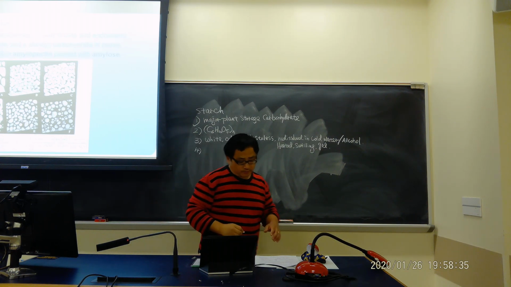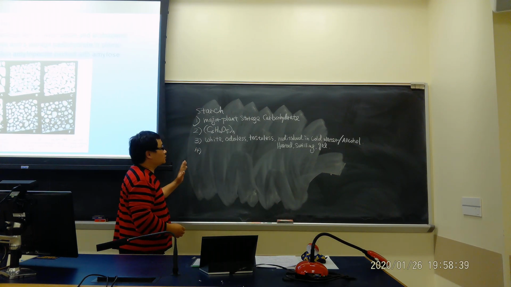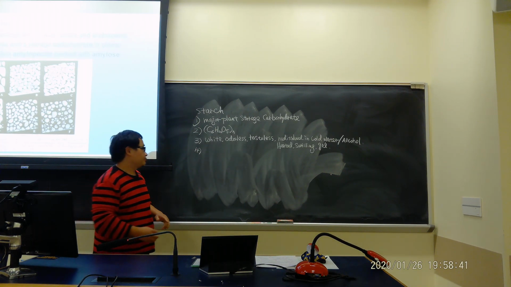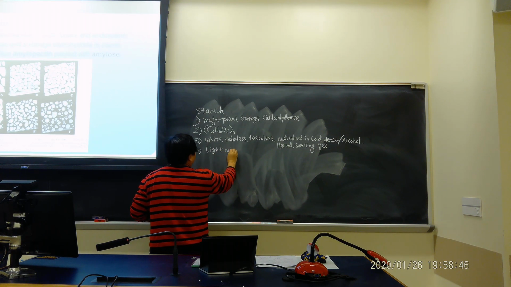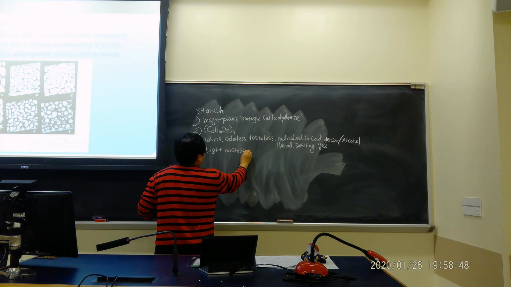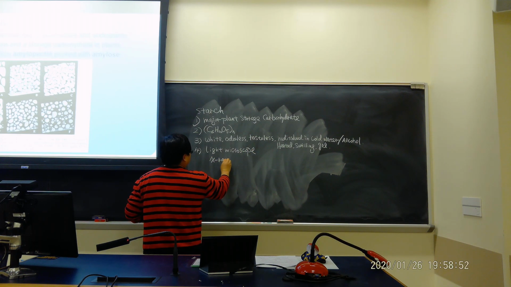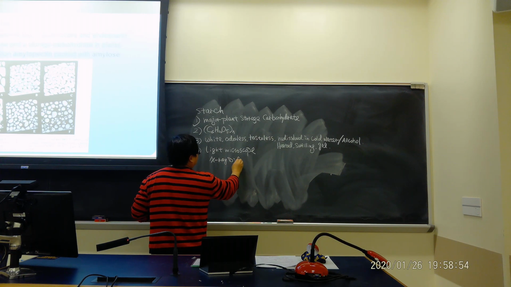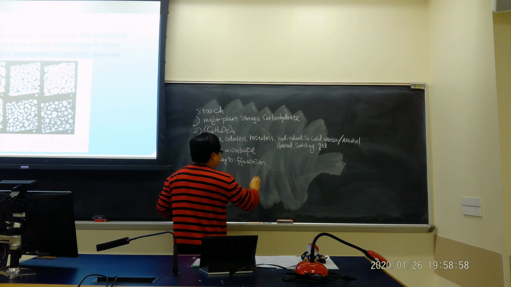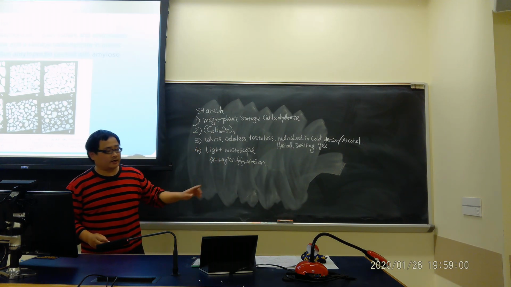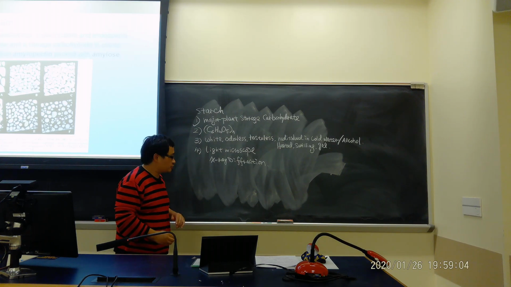Number 4 we want to mention here is we can see the structure of the starch using light microscope, using X-ray diffraction. Remember, we found the structure of the DNA double helix using X-ray diffraction back in 1953.